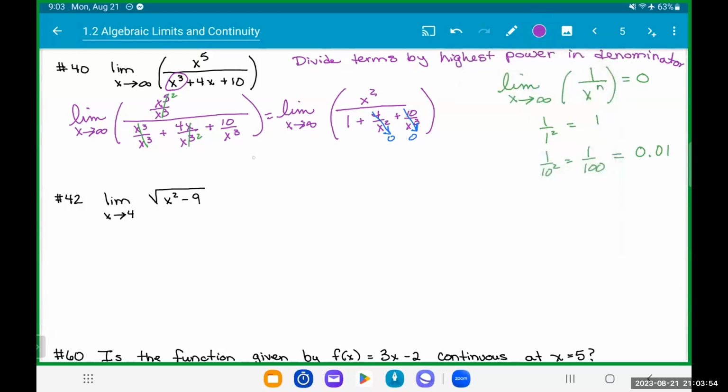So we get x squared over 1 plus 0 plus 0. When I plug in infinity, I get infinity squared, but infinity squared is really just infinity, because if I think I've reached it, there's something else out there.